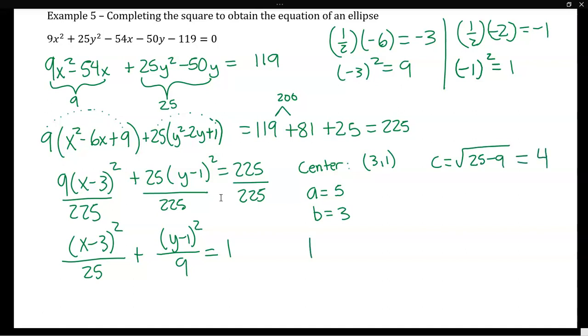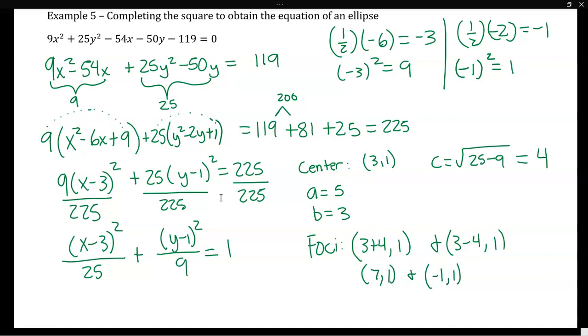So for our foci, since the horizontal axis is the major axis, one of our foci points is (3 plus 4, 1), and the other one is (3 minus 4, 1). Now, of course, that simplifies to be (7, 1) and (negative 1, 1). All right, so that concludes our video for ellipses.